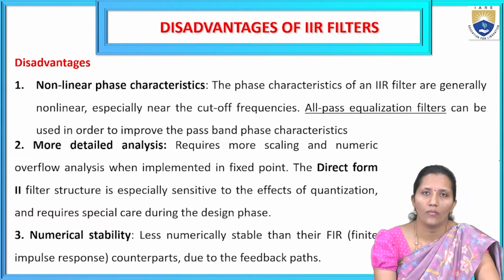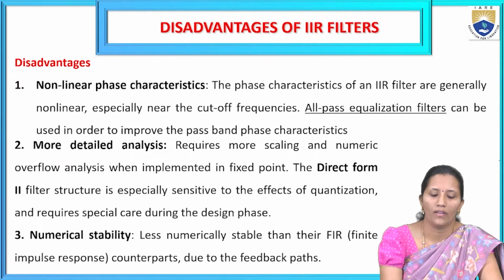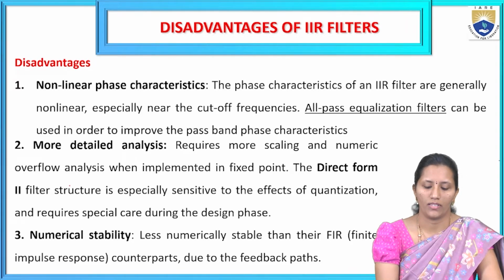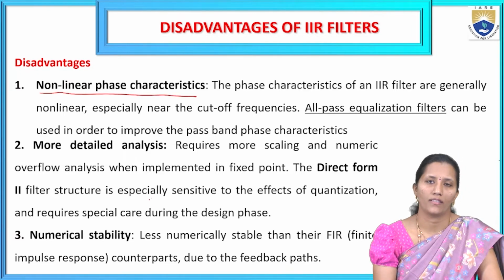So what are the disadvantages of IIR filters? If we consider finite impulse response and infinite impulse response filters, finite impulse response filters satisfy the linear phase response, whereas IIR filters will not satisfy the linear phase response. IIR filters have non-linear phase characteristics.